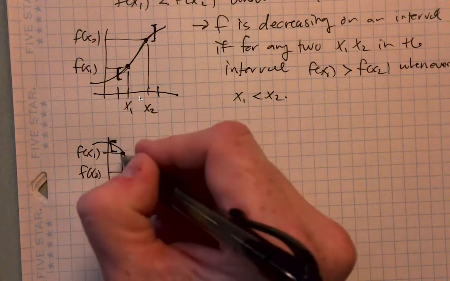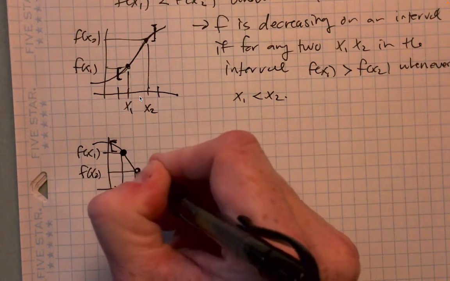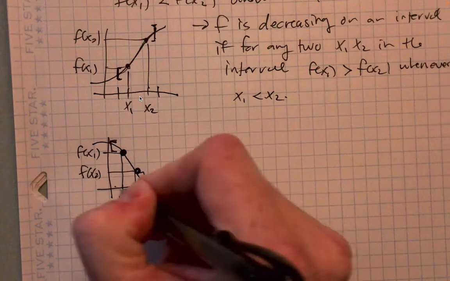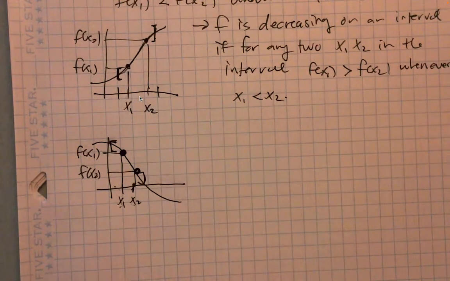Here's f of x1, here's f of x2. x1 and x2 have the same relationship as they did above, but the values of the function at those 2 points are reversed. Okay, so a super straightforward definition, I think. This should square with everybody's intuition of what an increasing or decreasing function would be.